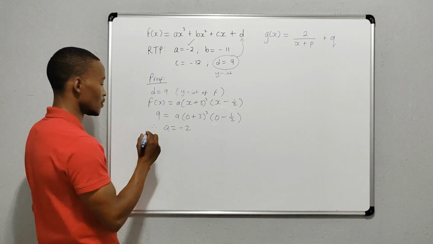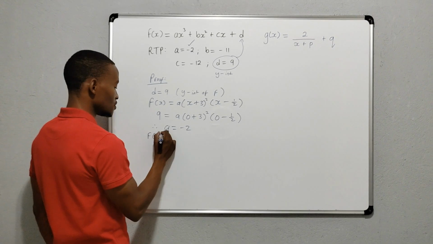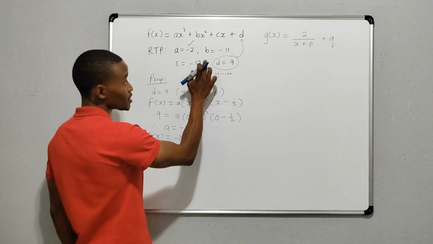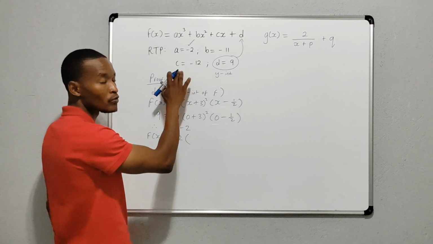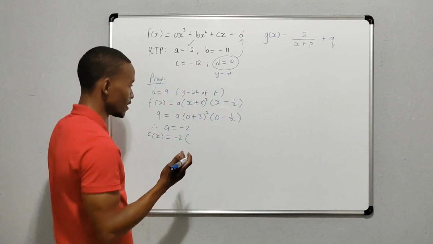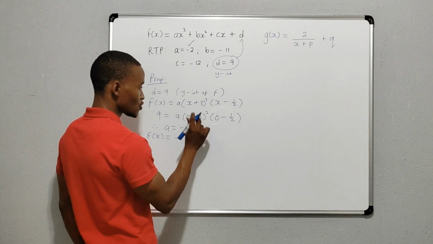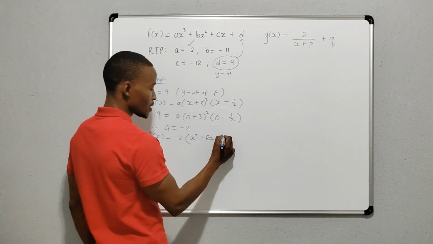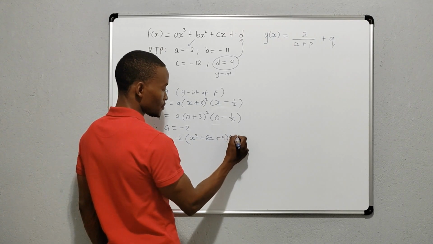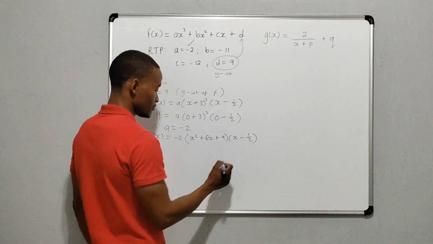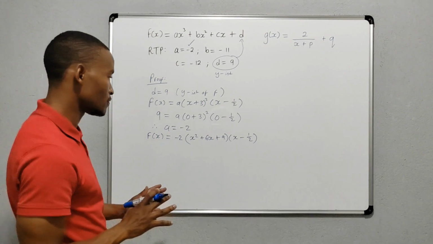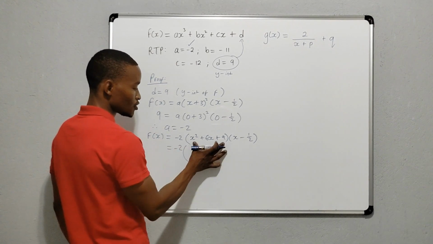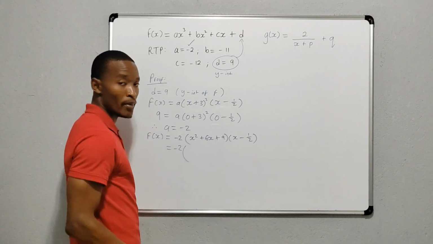Okay, so what do we do now? We go back and substitute the a value, -2. We can expand this because now we're moving in the direction of values of b and c. Okay, so this will be x squared, square of a binomial, plus 6x plus 9, times x minus a half. Okay, so we need to work carefully here, and let us leave the 2 there for now. So it's a trinomial multiplied by a binomial.